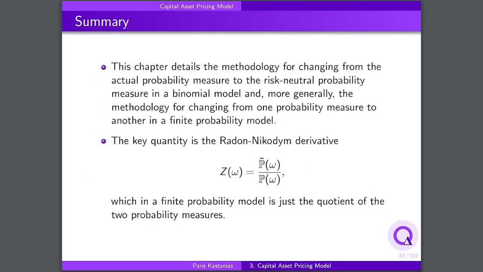So, a summary: this chapter details the methodology for changing from the actual probability measure to the risk-neutral probability measure in a binomial model, and more generally, the methodology for changing one probability measure to another in a finite probability model. The key quantity is the Radon-Nikodym derivative, which is just P tilde divided by P, which in a finite probability model is just the quotient of the two probability measures.